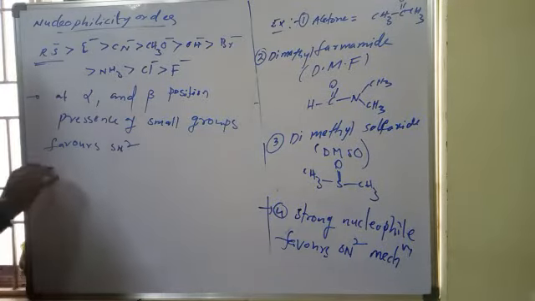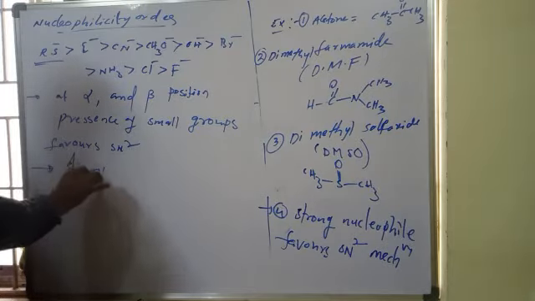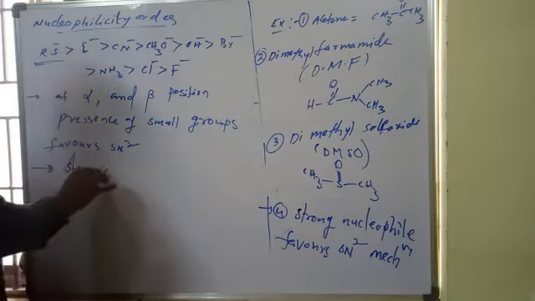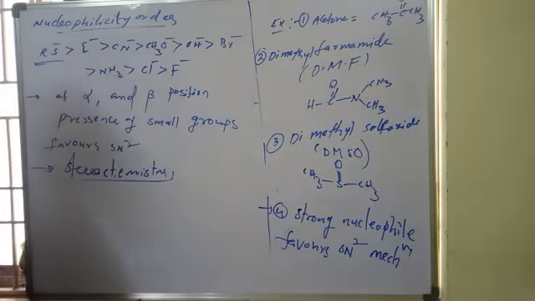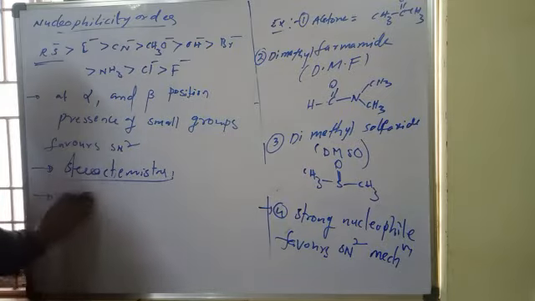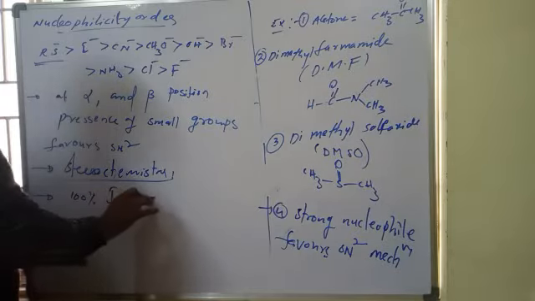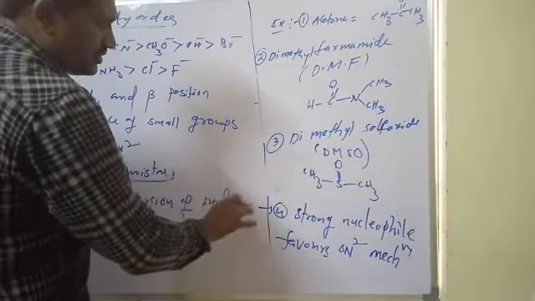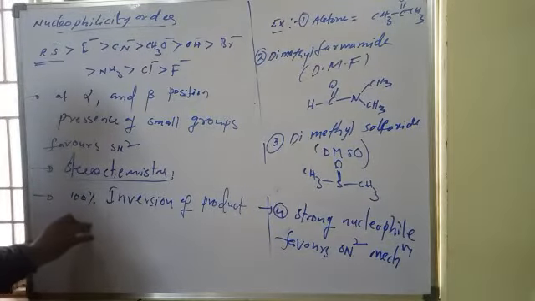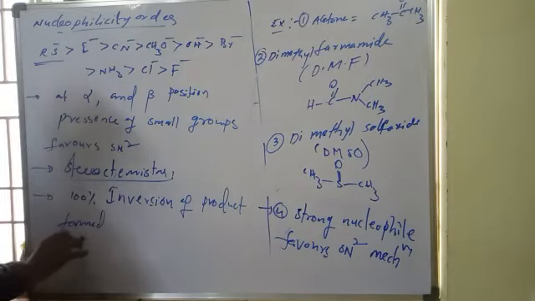Next, stereochemistry. Here, Walden inversion, or inversion of product formation, takes place. 100% inversion of product formation is called Walden inversion.